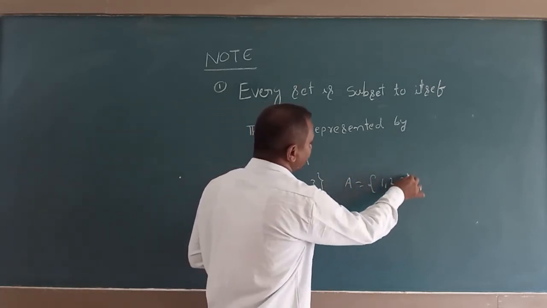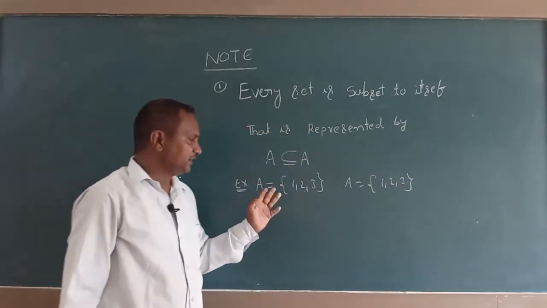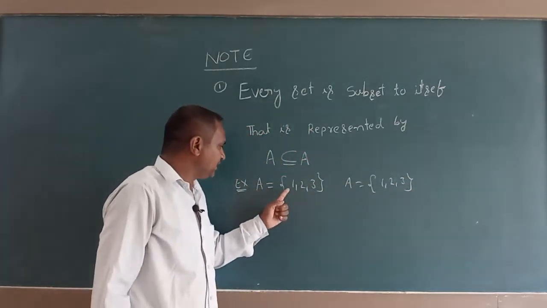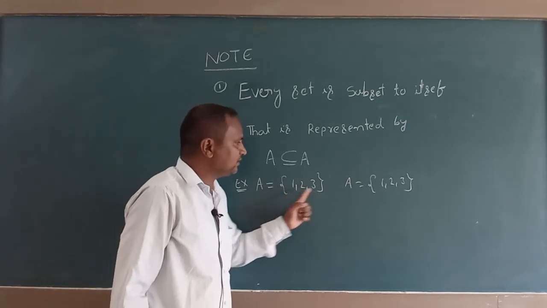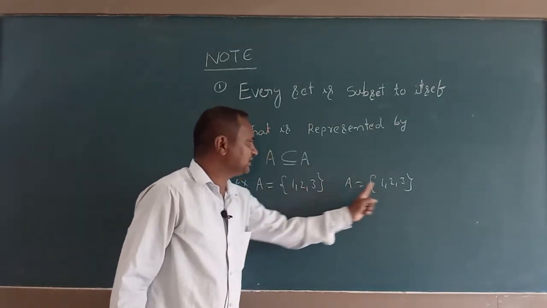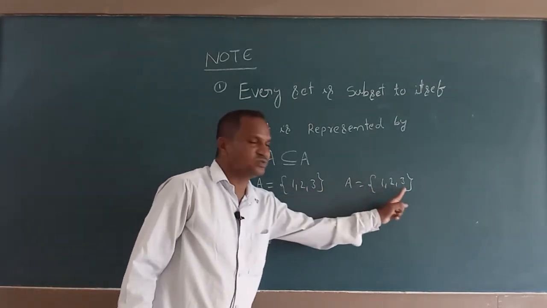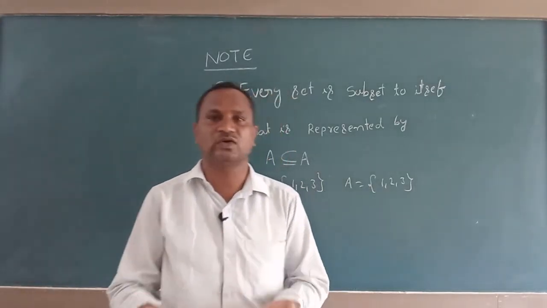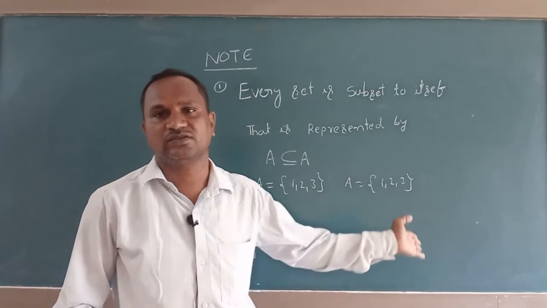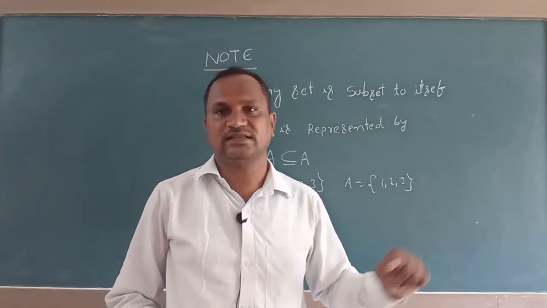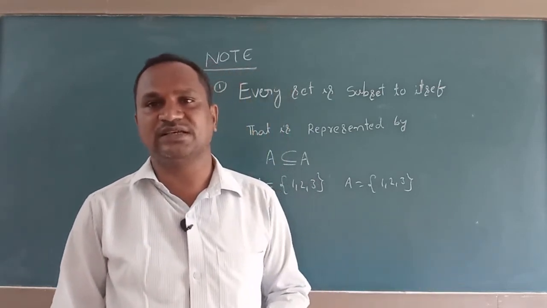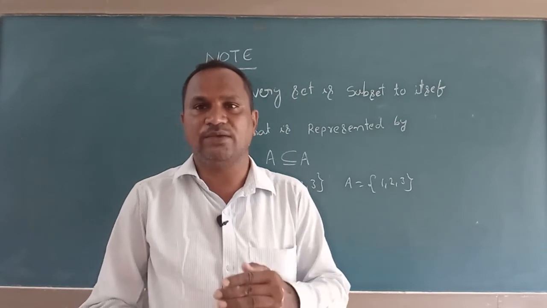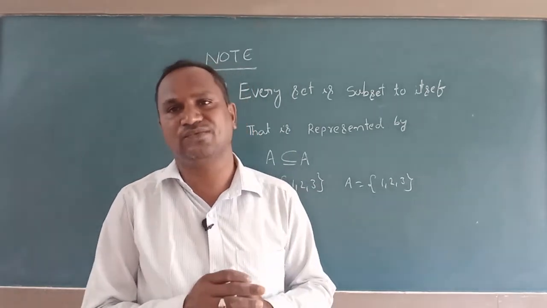Every element of set A: 1 is present here also, 2 is present here also, 3 is present here also. You can take set B as 3, 4, 5 also, and the second set also becomes 3, 4, 5. That is, every set is a subset of itself.